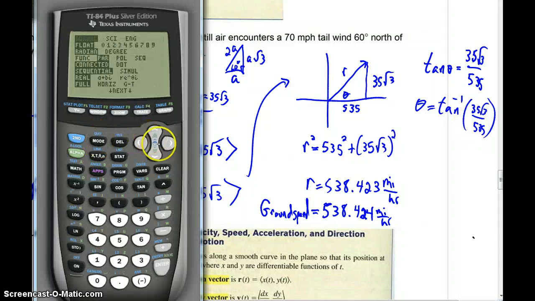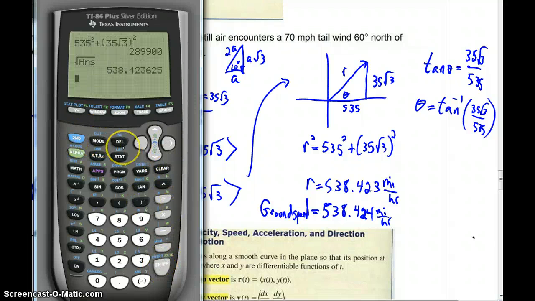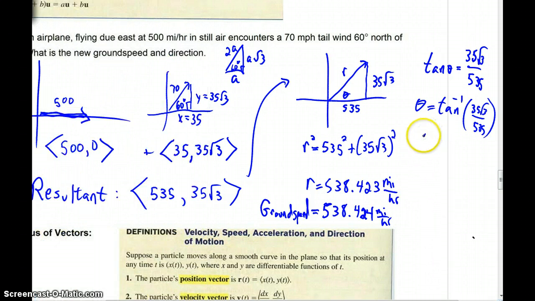Let's change our mode back to degrees just for a second. Do a second quit. Okay, so we'll say second tangent, inverse tangent. Here's our 35 root 3 divided by 535. Very quickly we have about 6.464 or about 6.465.